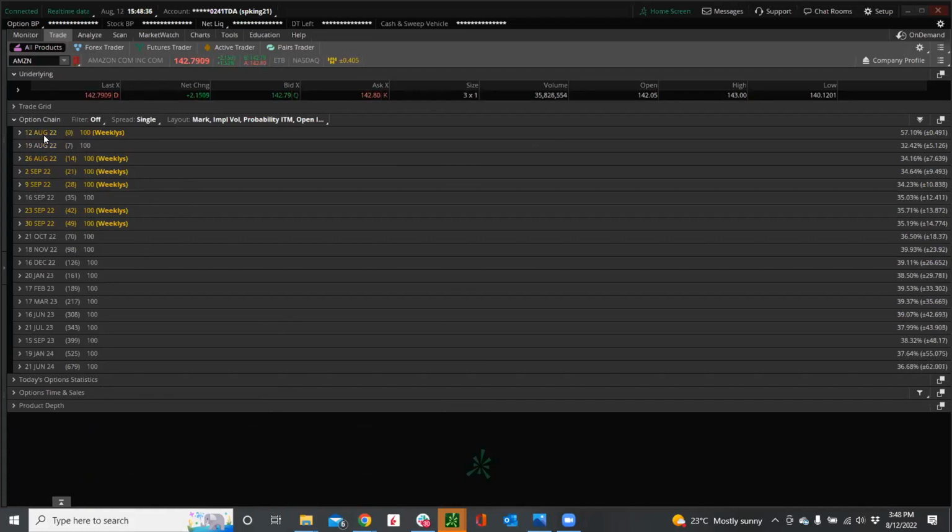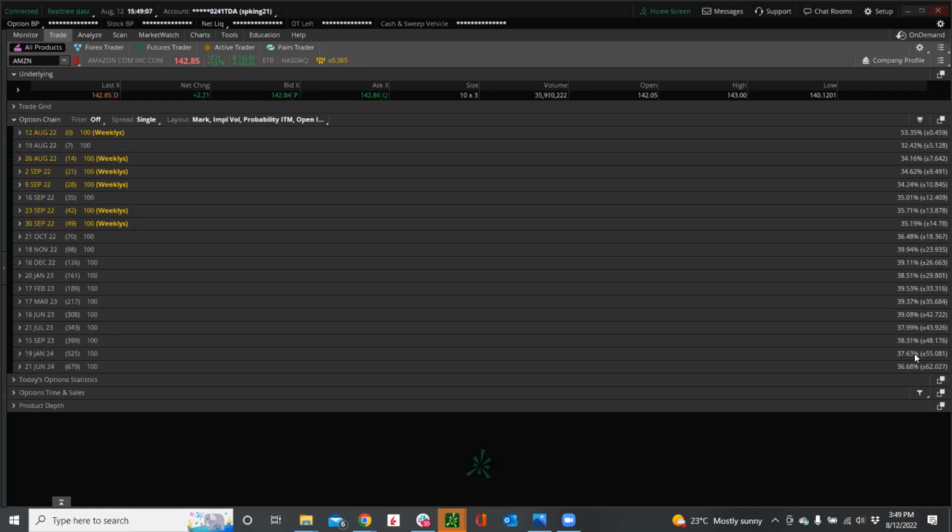You have today's expiration, which has 0 days left in parentheses, and then next week's, which is 7. Each of these is listed as weeklies, and the rest of these are monthlies. The September 16th expiration has 35 days left. So that's what those numbers in parentheses mean, and you can determine whether it's weeklies or monthlies just by the designation here.